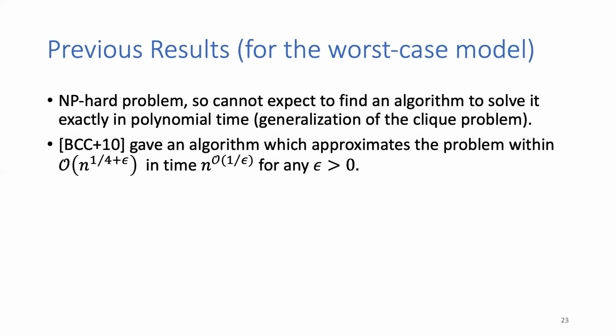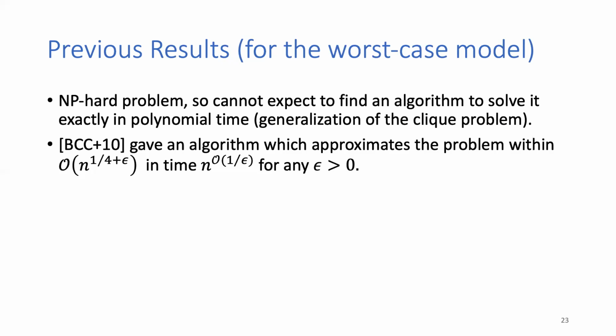it is known from the work of Bhaskara et al. that you can approximate this problem in time n raised to the power O of 1 upon epsilon to a factor of n raised to the power 1 by 4 plus epsilon. This is currently the best approximation factor known for this problem.